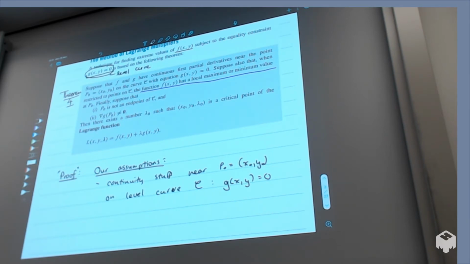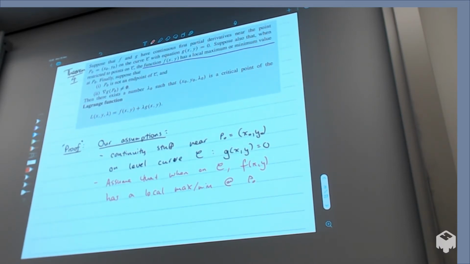And this is the strange one. Okay, and then the other things that we have are 1 and 2.